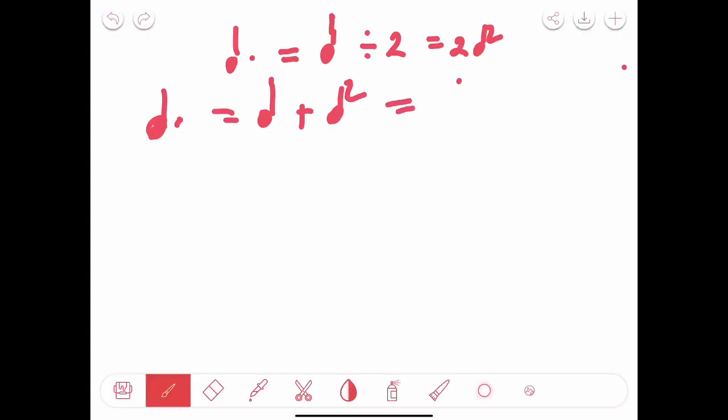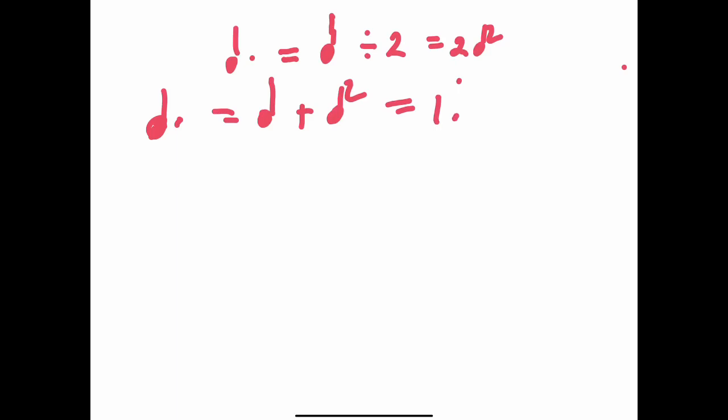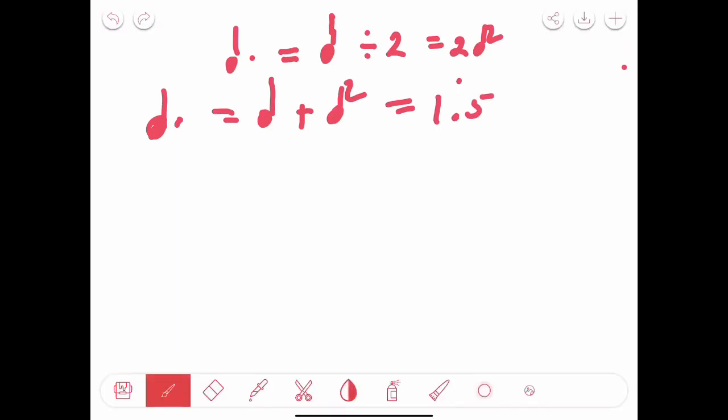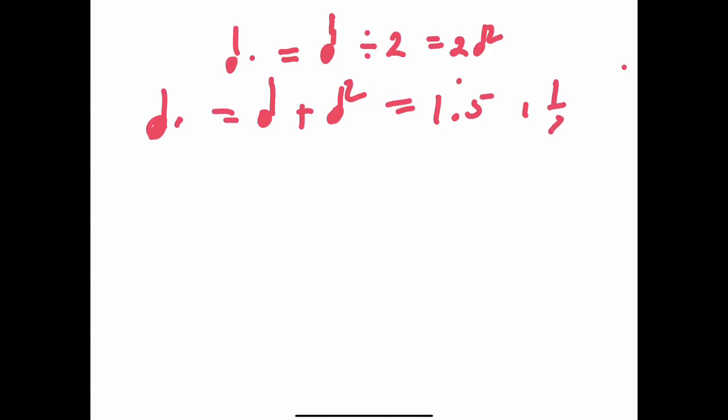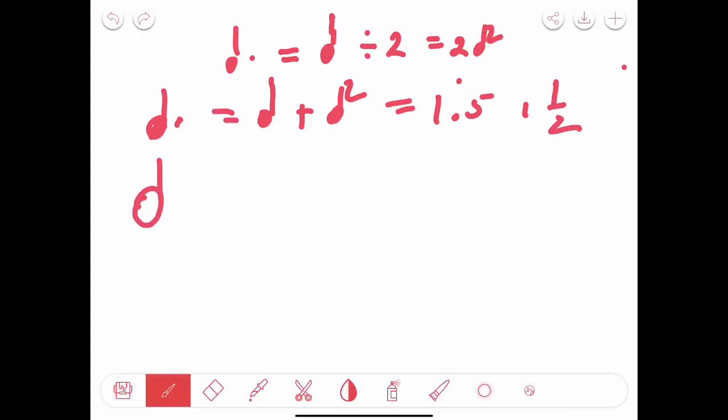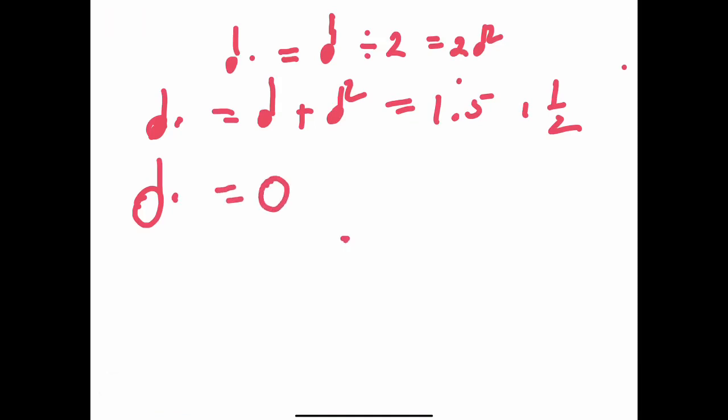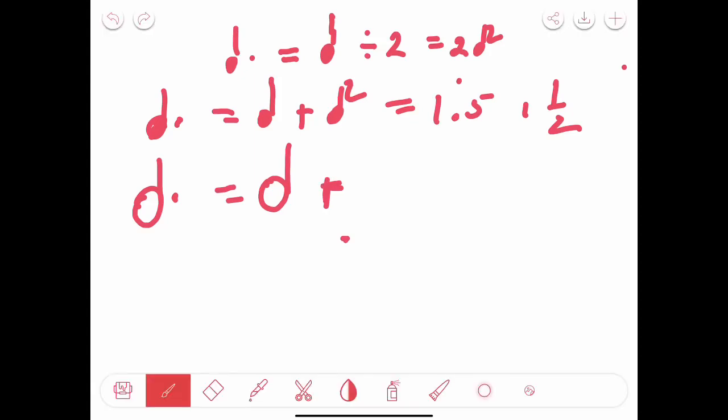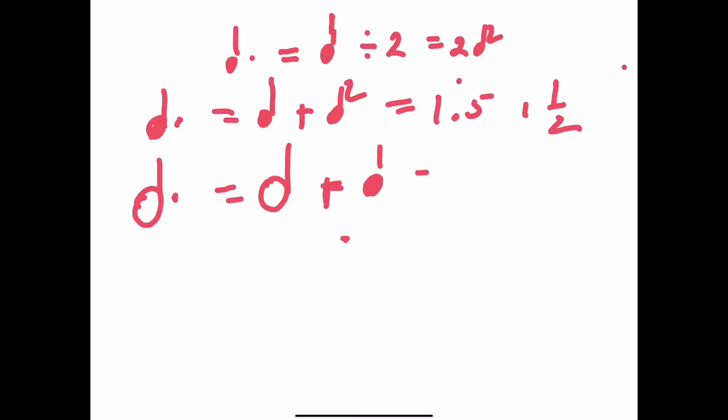And that equals 1 and a half. However you want to put it, 1 and a half beats. If you have a dotted half note, this is a half note plus half of its value, which is a quarter note, or therefore you have 3 beats, 3 quarter notes.